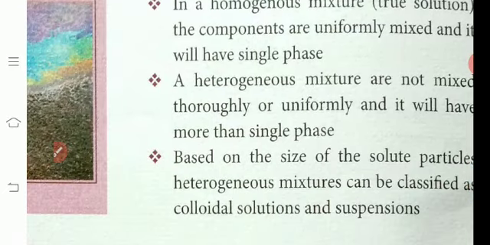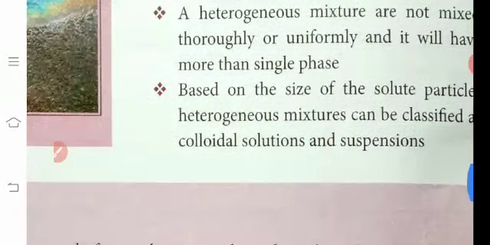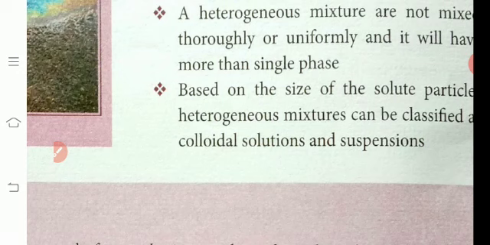Heterogeneous mixtures are not mixed uniformly and have more than one phase. Based on the size of the solute particle, heterogeneous mixtures can be classified as colloidal solutions and suspensions.